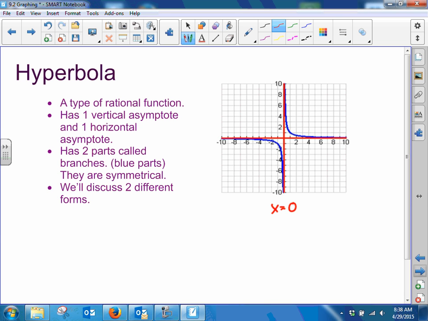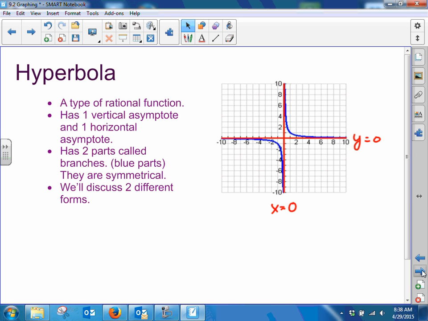And then the horizontal one? Y equals 0. So right now, that's what your two asymptotes are. And then you see the blue line. Those are your branches, and that's what we call them. Those are the part of your graph that's going to get really, really close to those asymptotes, but never, ever cross.